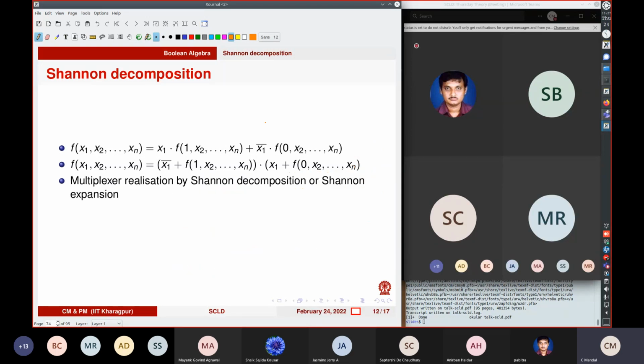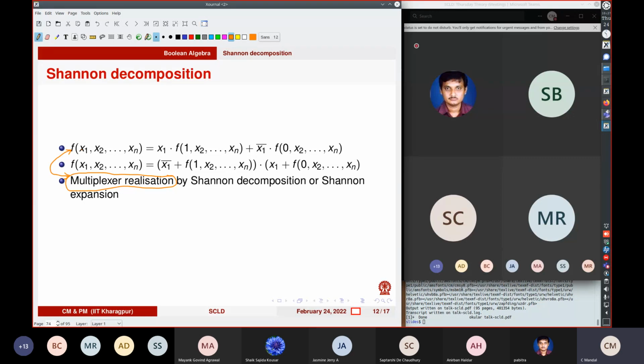Now, it is quite evident that you can carry on this process recursively. Of course, multiplexer realization is applicable for this form of Shannon expansion.